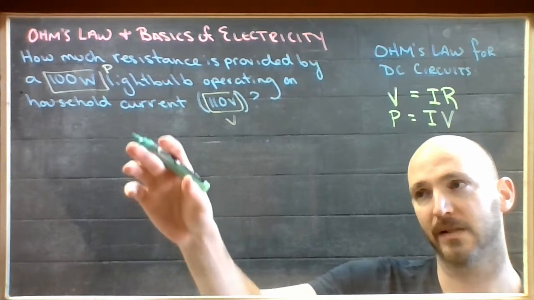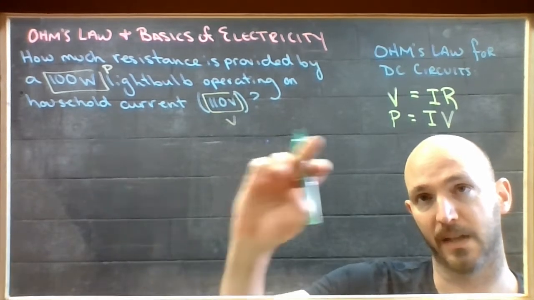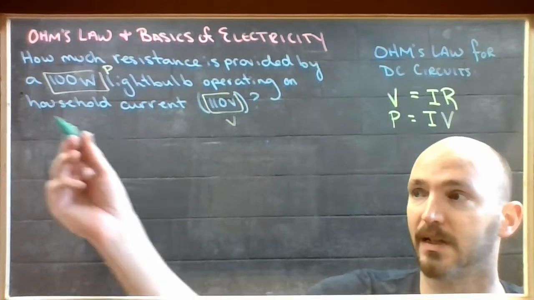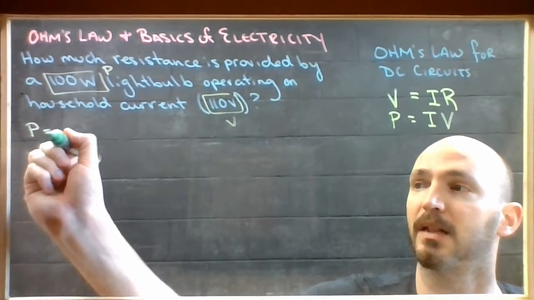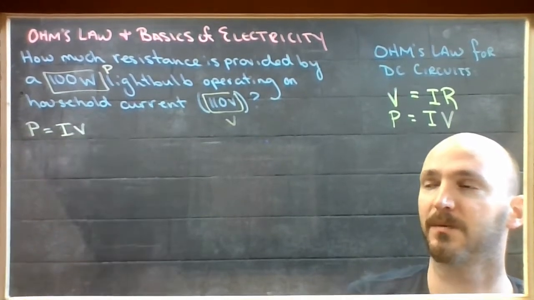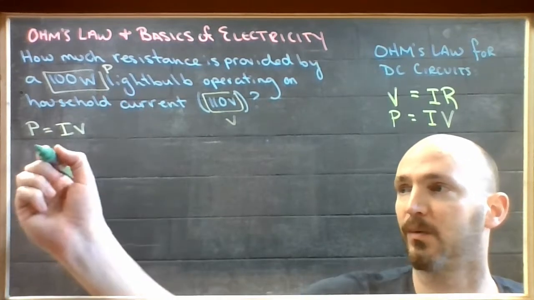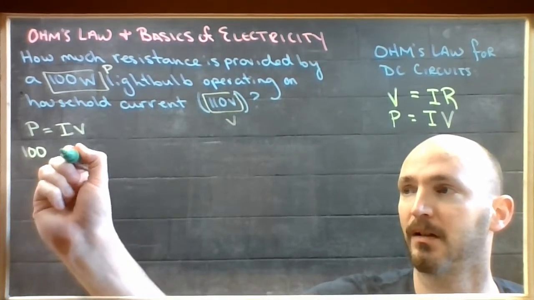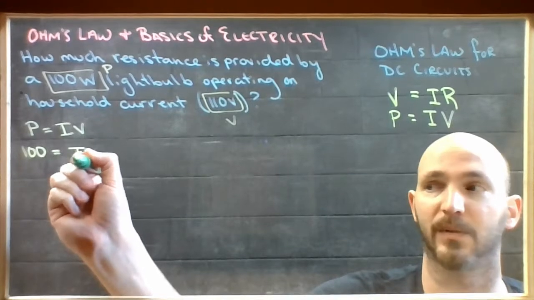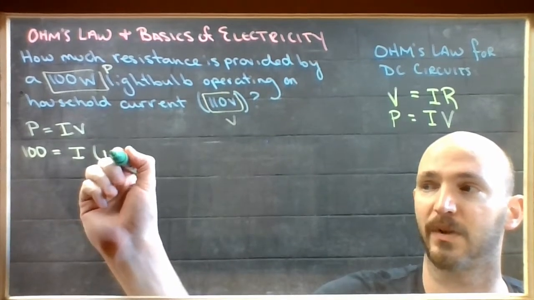So instead of starting with my Ohm's law, I'm going to start with a power calculation instead. So power equals current times voltage. So 100 watts is, I don't know the current, but I know that the voltage is 110.